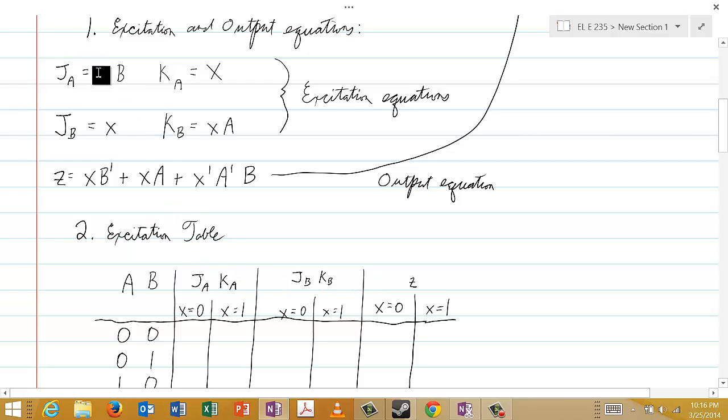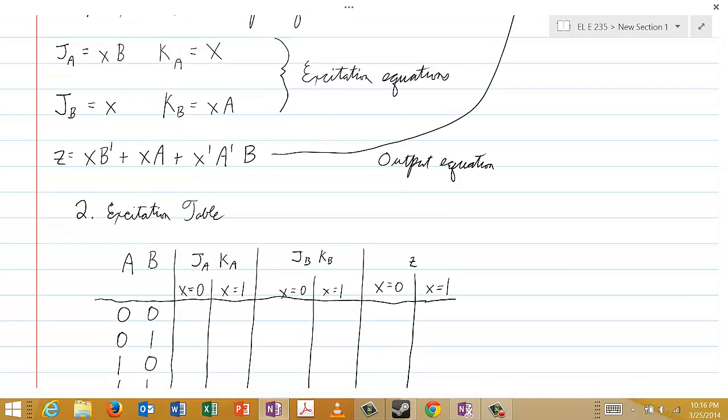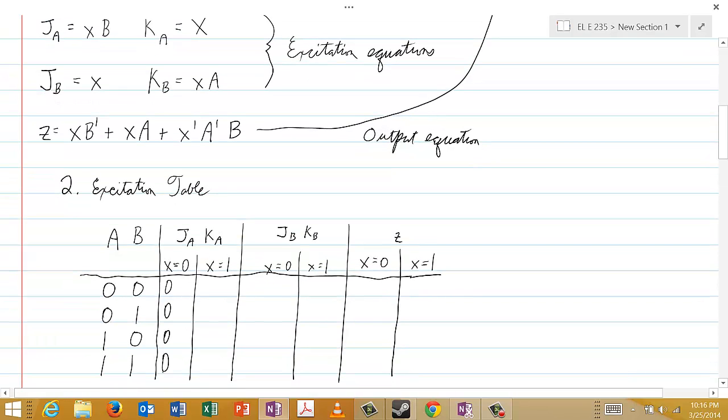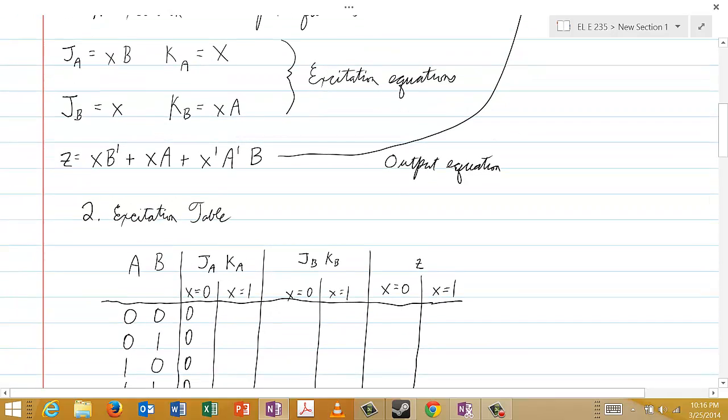Let's start with JA. JA, when X is equal to 0, as it is in this first column, the equation for JA reads JA is equal to 0 ANDed with B, and 0 ANDed with anything is 0. So in this first column, we can say 0, 0, 0, and 0 for JA.